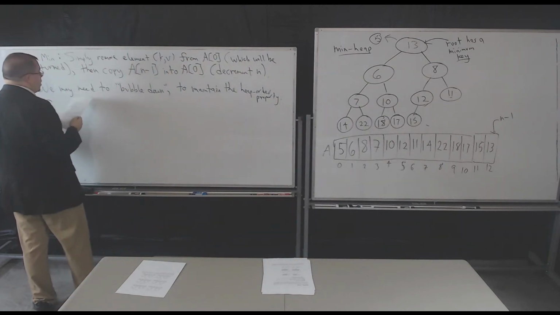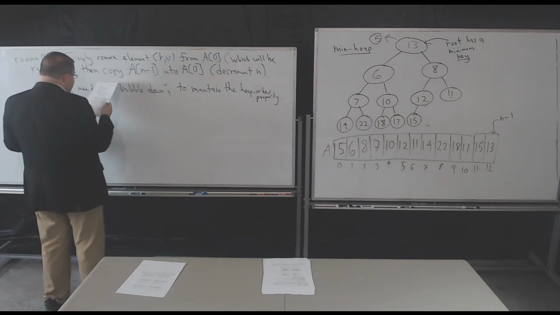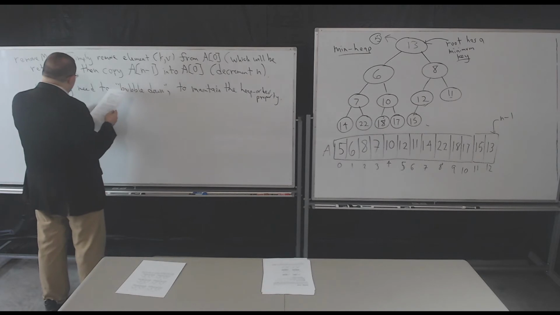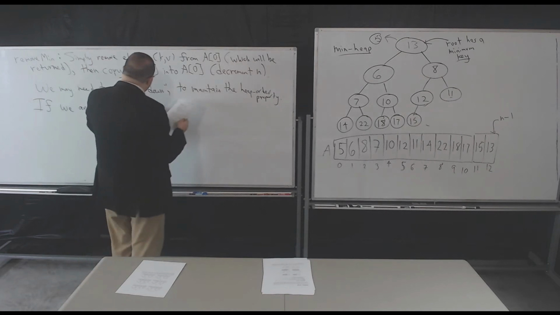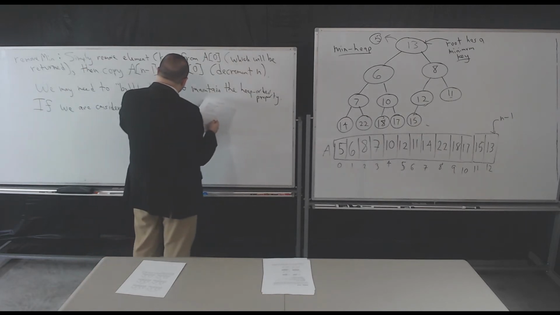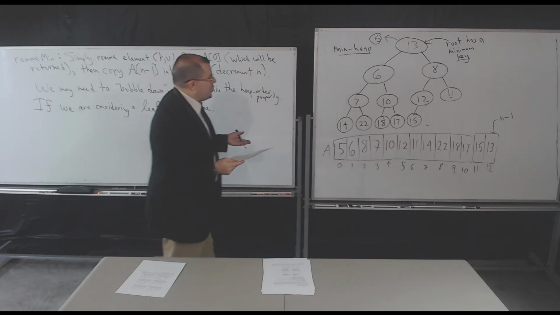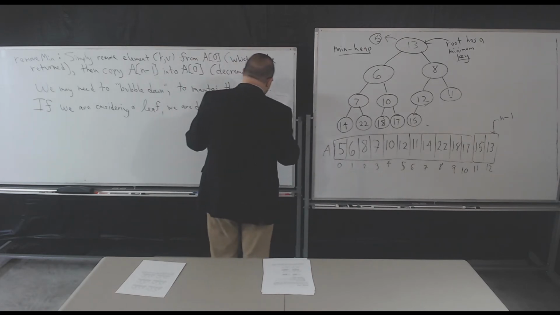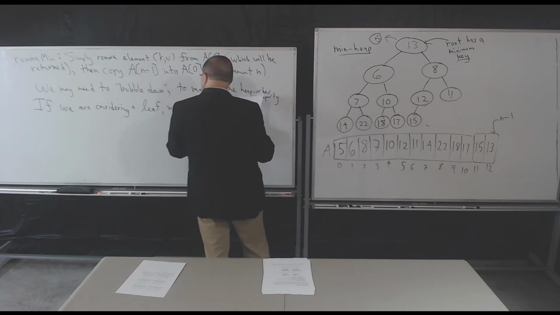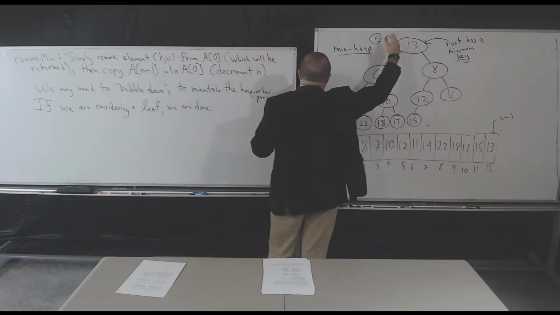Let me consider the first obvious case: if it's a leaf. I'm phrasing this in a very particular way intentionally. If we are considering a leaf, we are done. Obviously, if I try removing from this and there's nothing there, I just return null. I'm not even going to write that down. That seems kind of obvious. So if this was just this node here, there's nothing else to do.